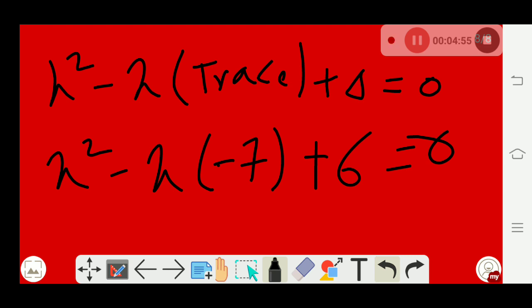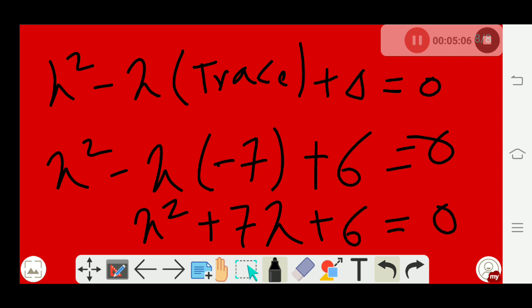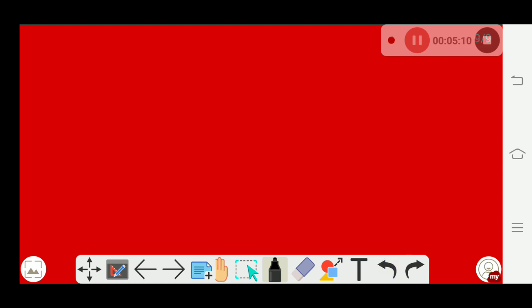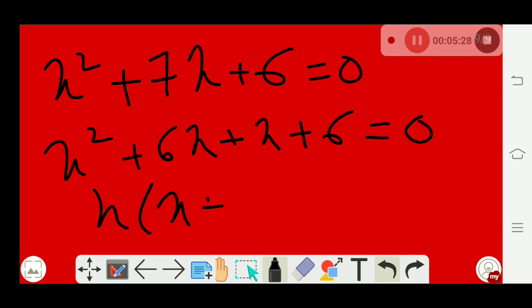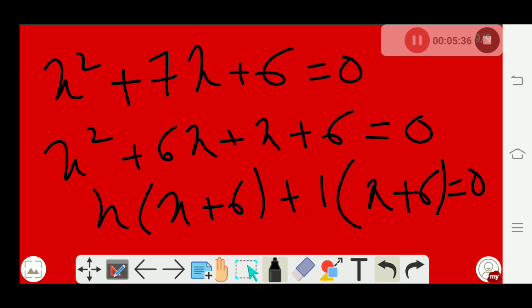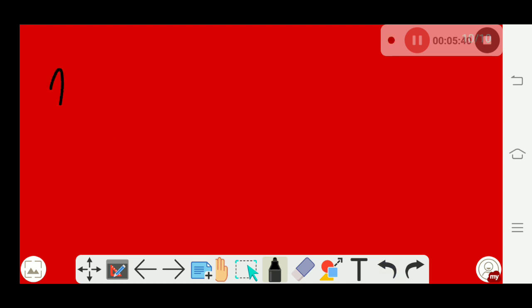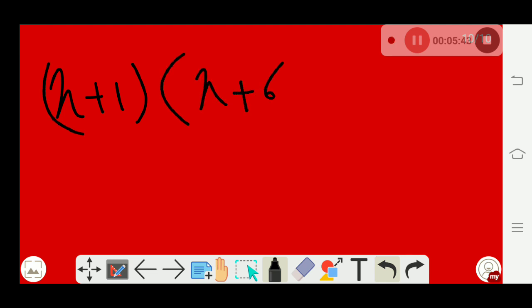So what is our characteristic equation? Lambda square plus 7 lambda plus 6 is equal to 0. Now let's solve it, which is very easy. Splitting the middle term, lambda plus 1 and lambda plus 6 is equal to 0, right?